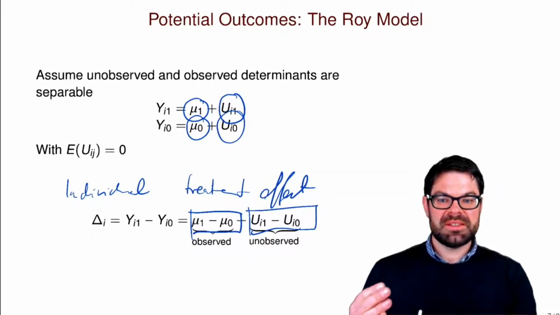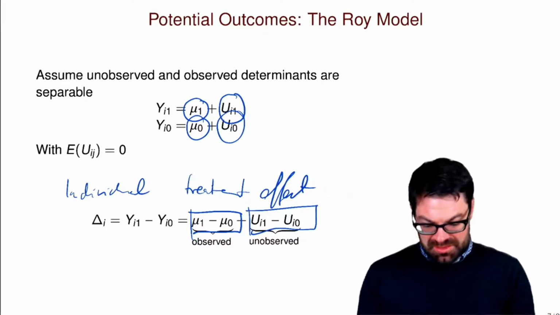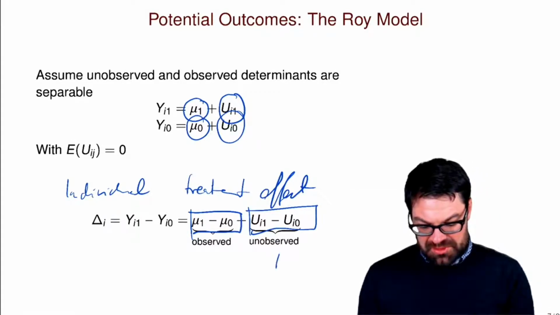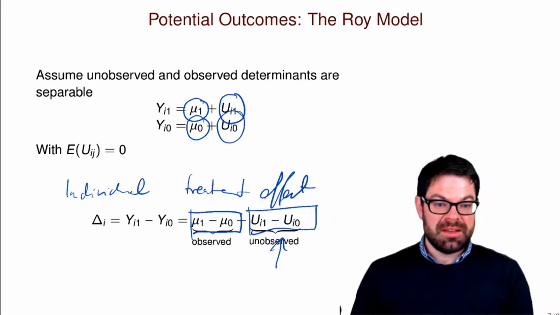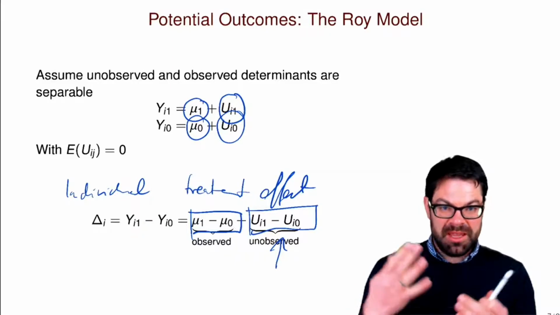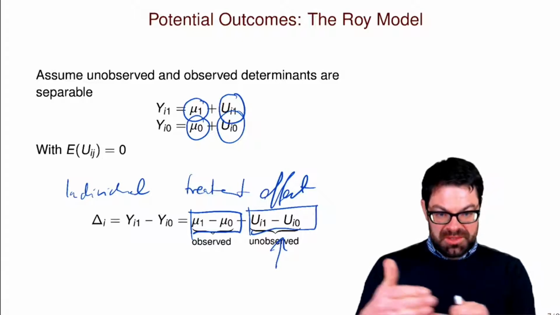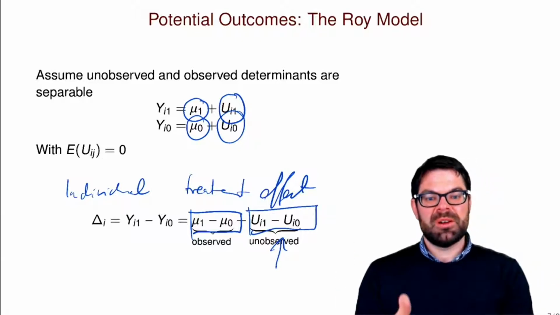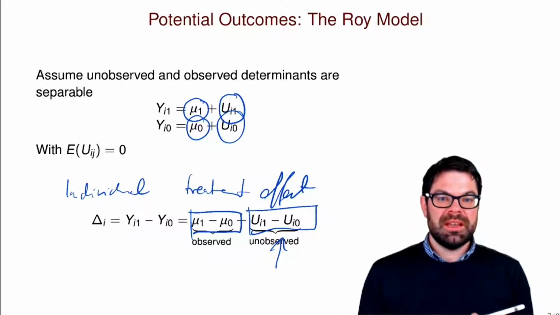And so the idea here is that on average, these idiosyncratic terms are zero, but for some people, this difference here, the difference of those two terms, is highly positive, and so they have a huge gain from getting treated, and others may have a very low gain, or may even be at a loss. And so across the population, the treatment effects are not homogeneous. That's the most general framework that we're going to look at.